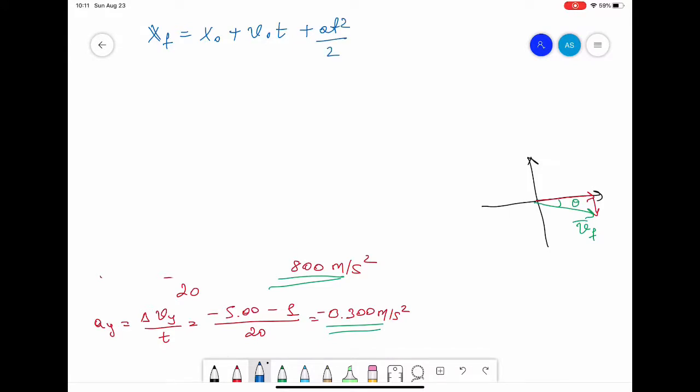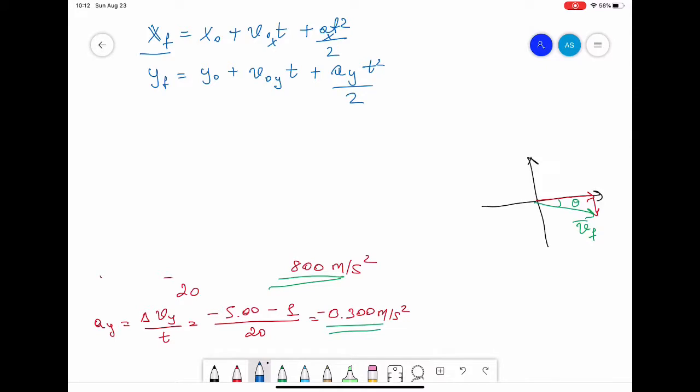This is the general formula, but if you want to find the final position at 25 seconds, then you have to find the x position or displacement of x. Okay, this is x. You can find it for the x component. Then you can find it for the y component. Okay, y final is equal to y initial plus v initial y t plus a y t squared over 2.